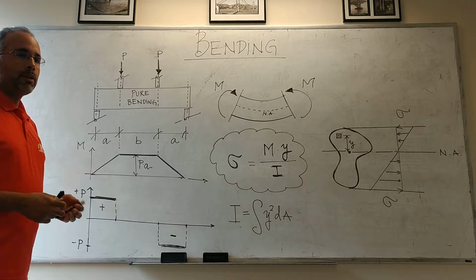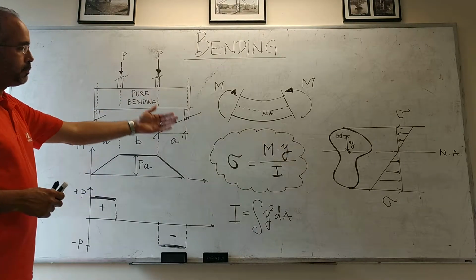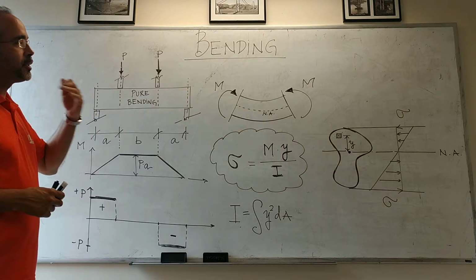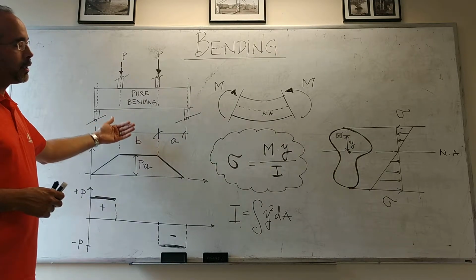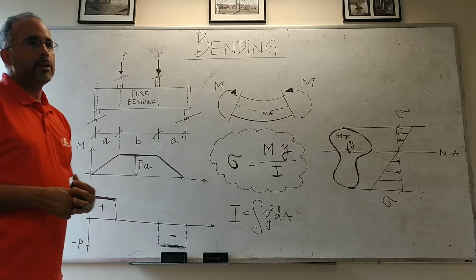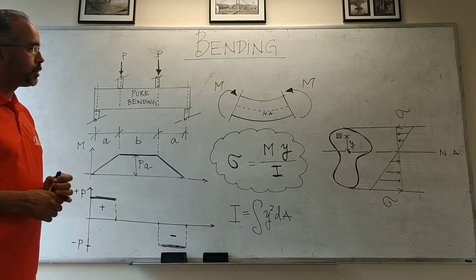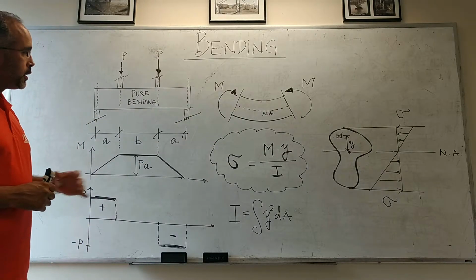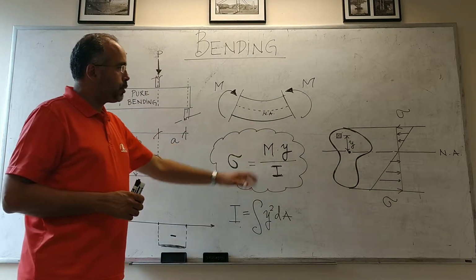There are many other reasons why we would want to calculate bending stress, even if the beam is not subject to pure bending. We would have to combine these stresses with other stresses, and we're going to cover that in future sessions. But in this one, we are just worried about the pure bending stresses.